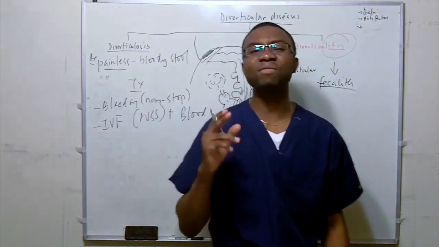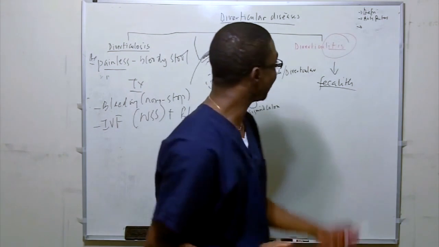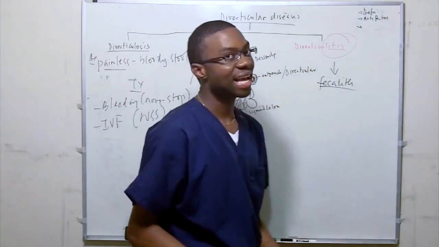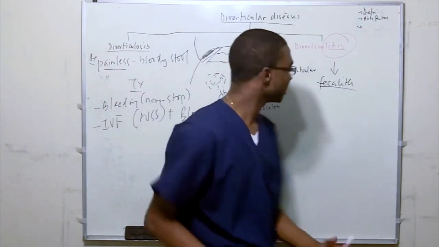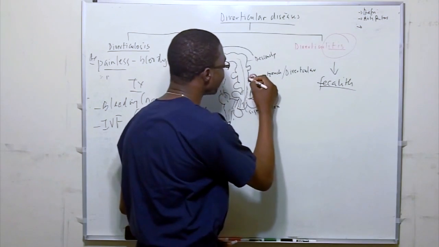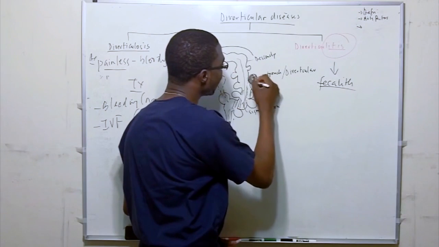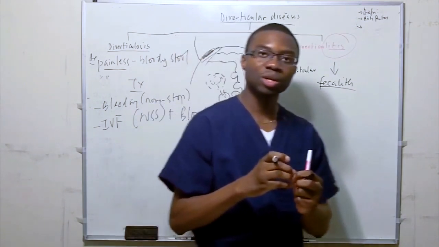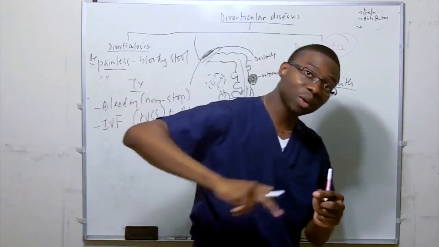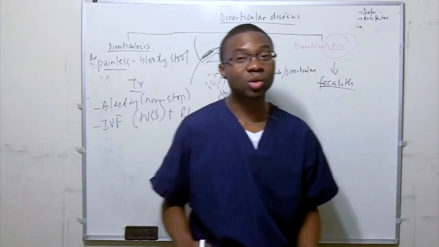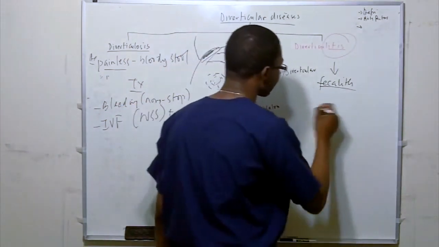But the thing you have to know that's different in diverticulitis is that they're going to be in a lot of pain. Because what will happen is they're going to get ischemia, because this poop is obstructing the entire pouch, and now the blood flow is not able to go. So it's painful.